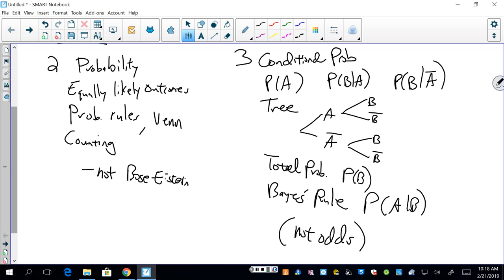And then chapter 4 introduced discrete distributions. I'll write that on the next page. So this is kind of an outline of the major topics. A lot of it was applied probability and counting.